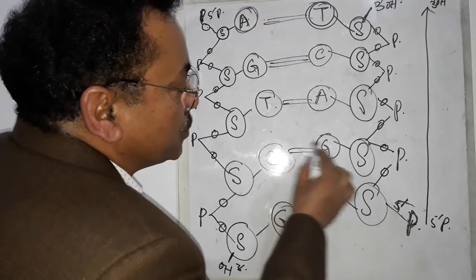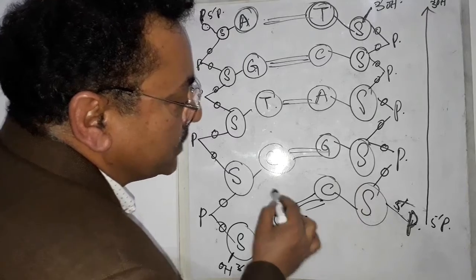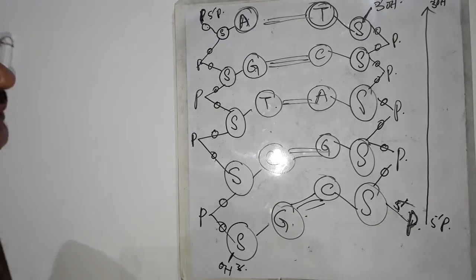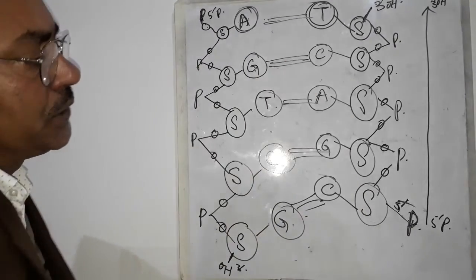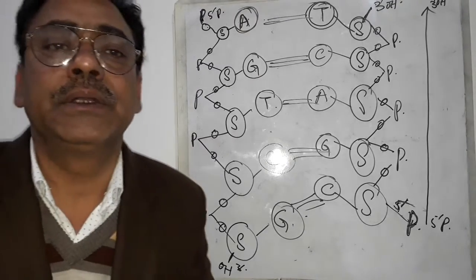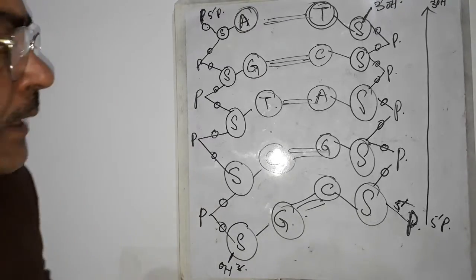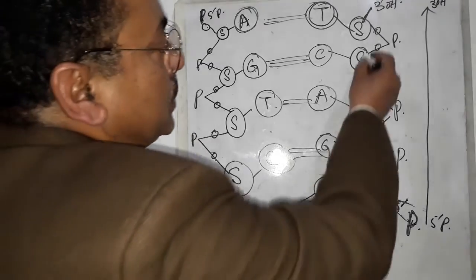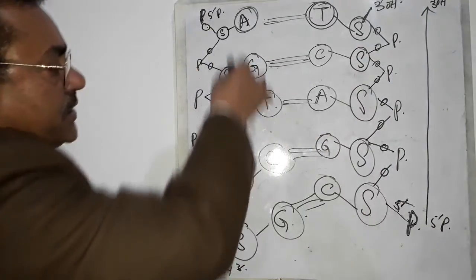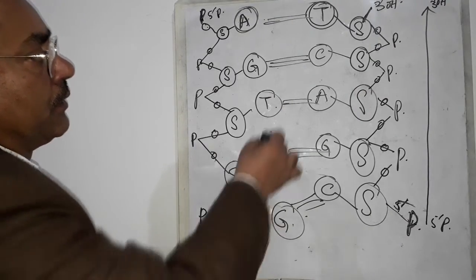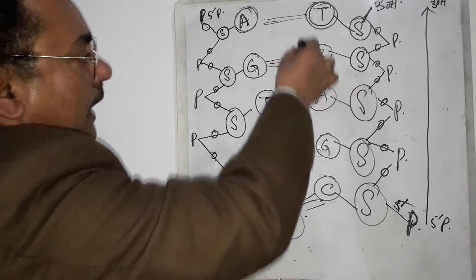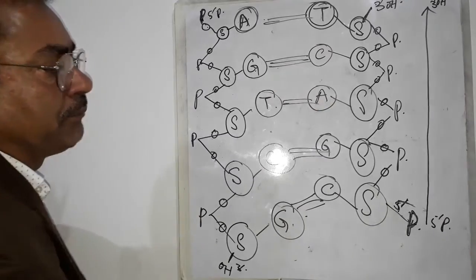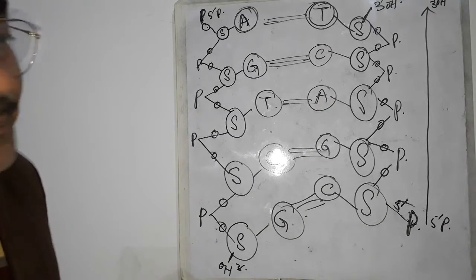These two double, these two triple, and here also a triple bond will be established. So in this way you get a DNA double helix structure, double stranded DNA, where you have two polynucleotide chains and the hydrogen bond is between the complementary bases between them.